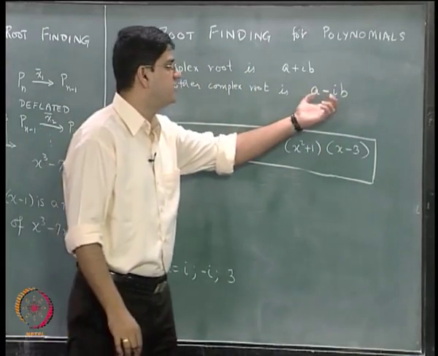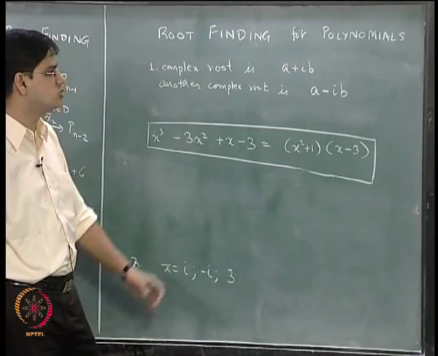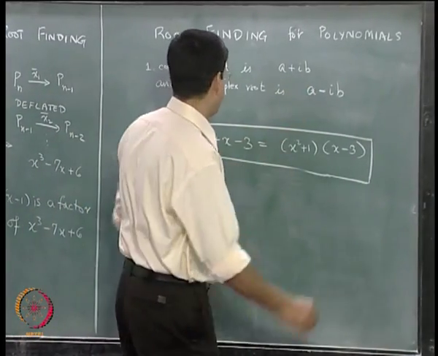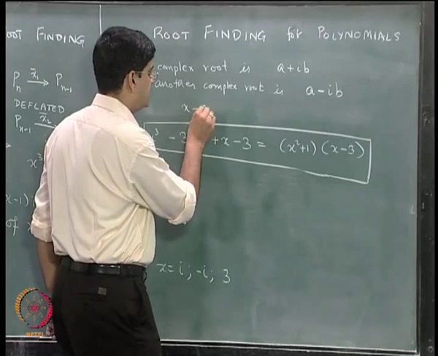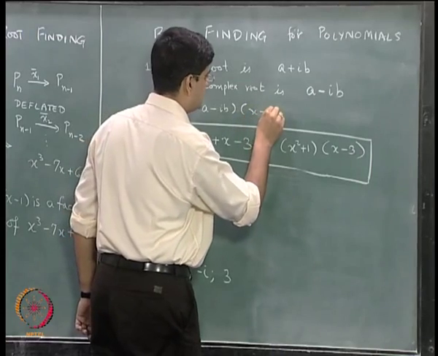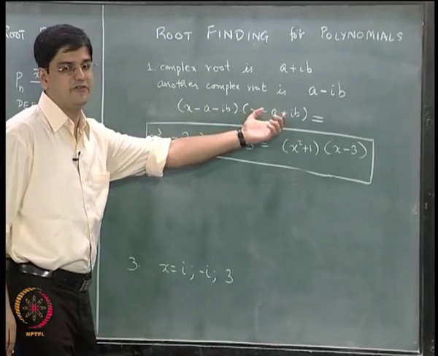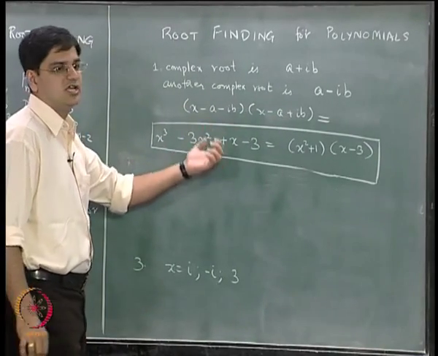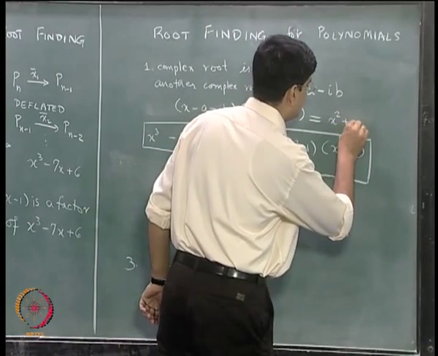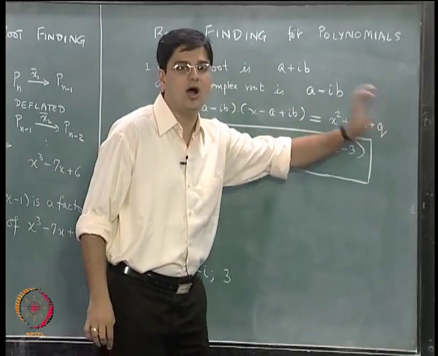If you multiply the two factors, x minus a minus ib multiplied by x minus a plus ib, we essentially get the form x squared plus px plus q, where p and q are real numbers.